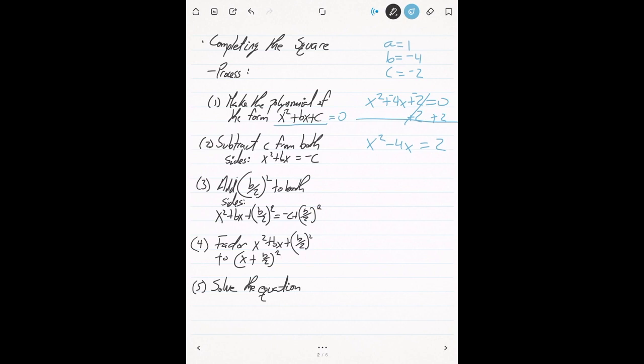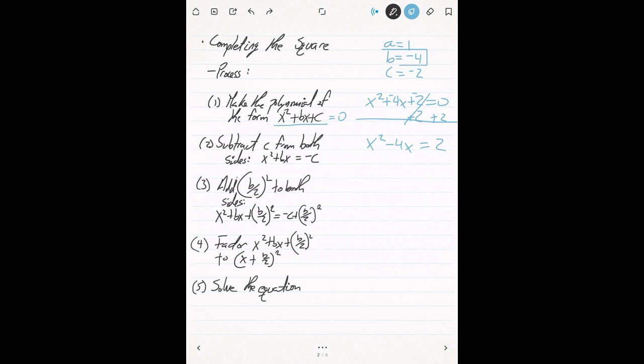Okay, easy enough. Now the next step is where things get a little tricky for people, or people tend to get a little overwhelmed. We need to add to both sides this value b/2 squared. Now this is a little odd, but it's not impossible. We'll see why this is important in a minute. Let's first identify what b is.